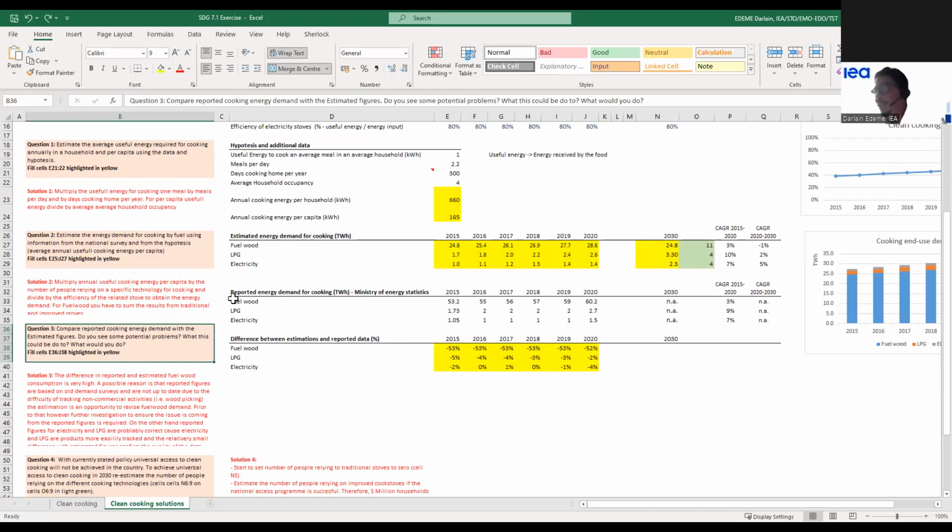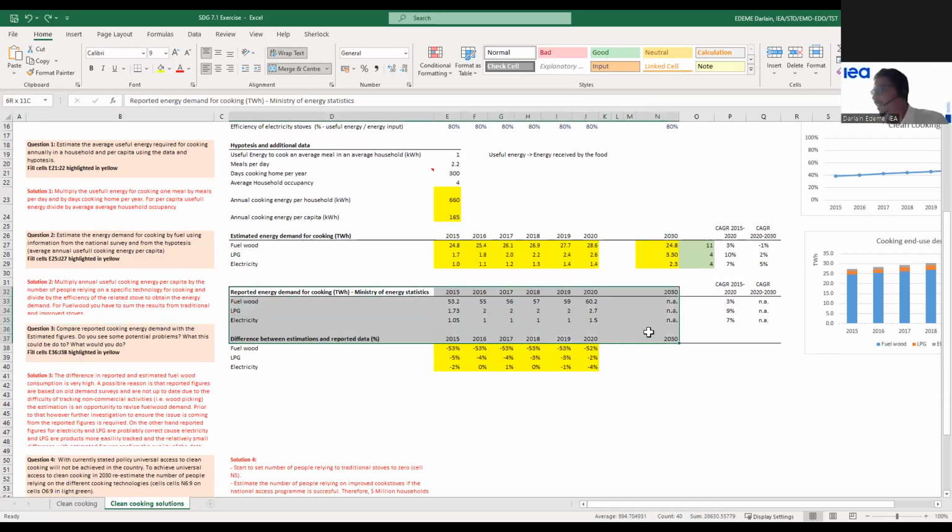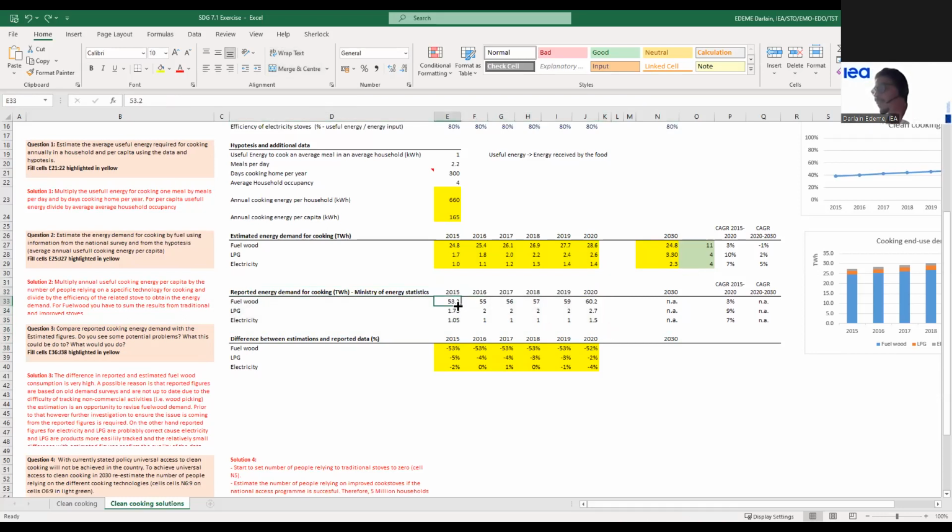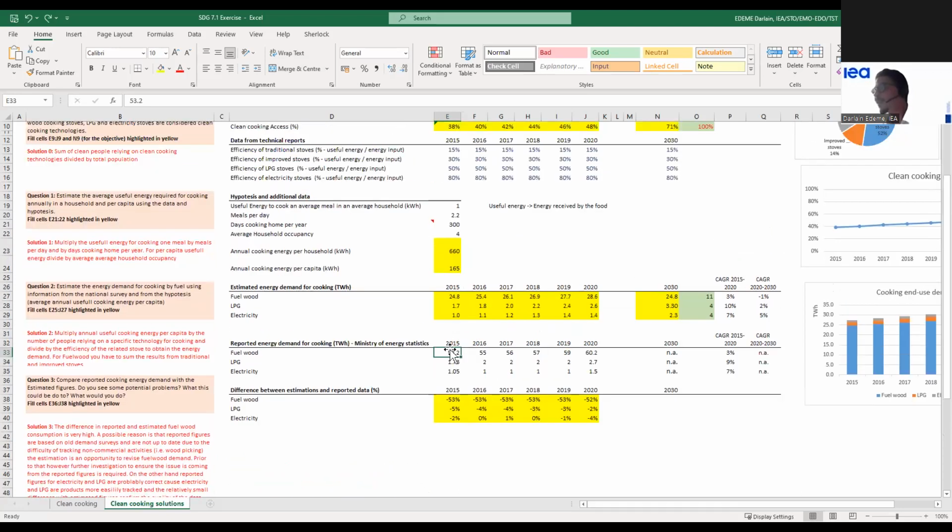So these values that I'm highlighting here come from the Ministry of Energy Statistics, which told you, for example, that in fuel wood, the reported energy demand for cooking in 2015 was 53.2 terawatt hours.